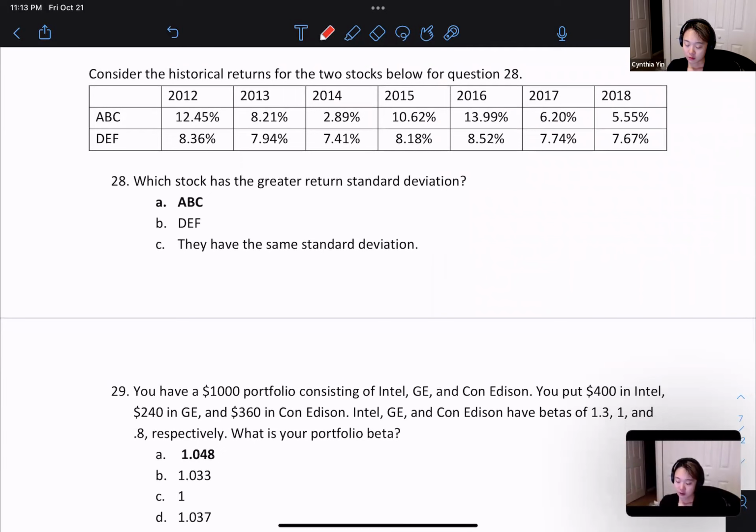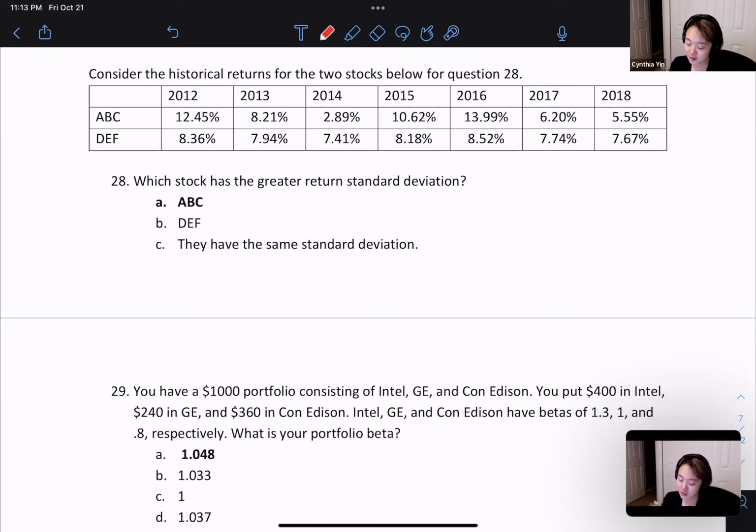For question 28, consider the historical return for the two stocks below. Which stock has greater return standard deviation? Well, you can calculate it using your calculator, but this looks like an analytical question, but it's actually qualitative.